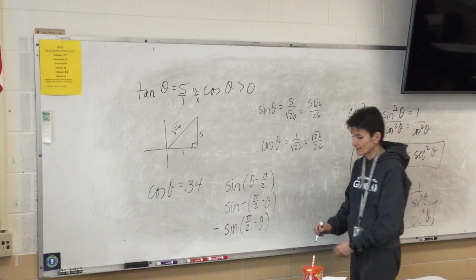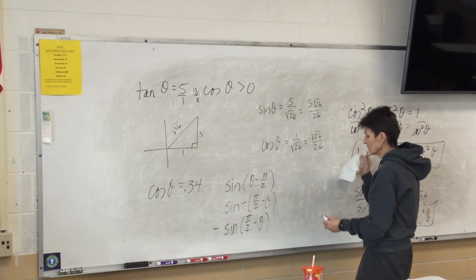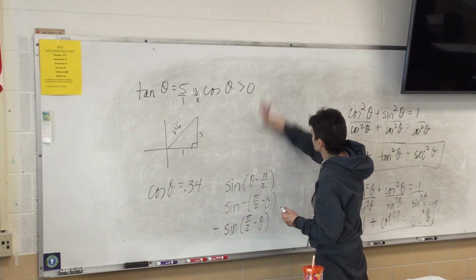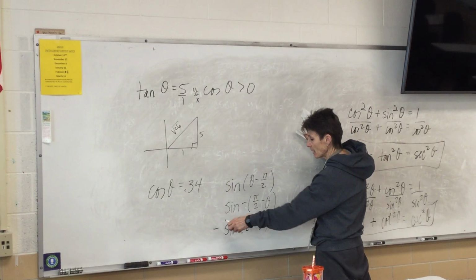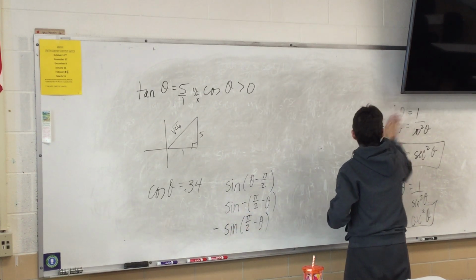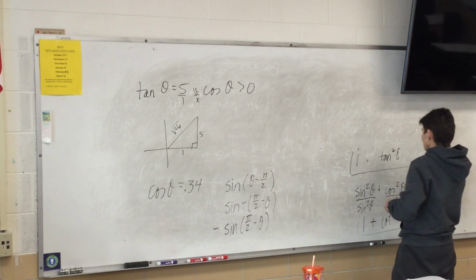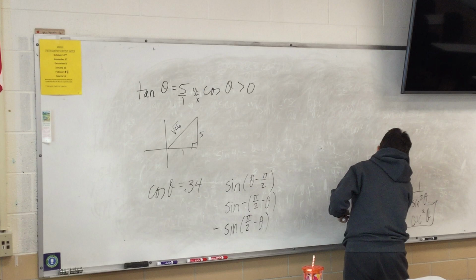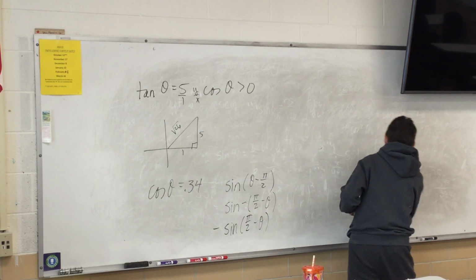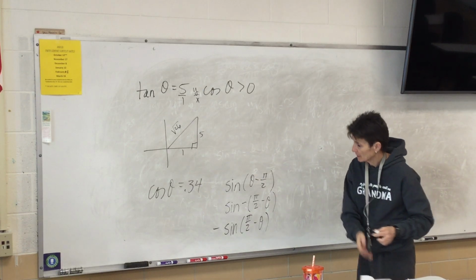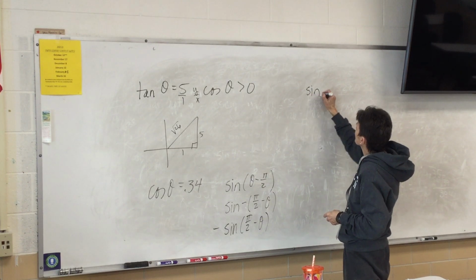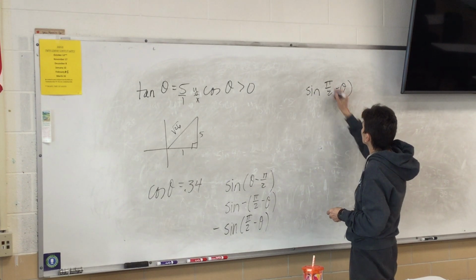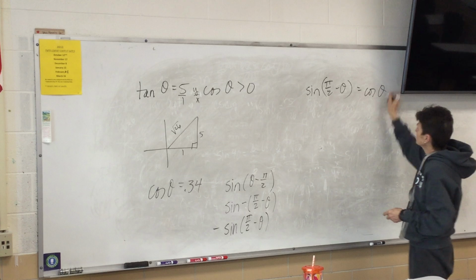So I am trying to figure out the opposite, the negative, the opposite of the sine of pi over 2 minus theta. Well, don't my cofunction identities tell me that the sine of pi over 2 minus theta is the cosine?